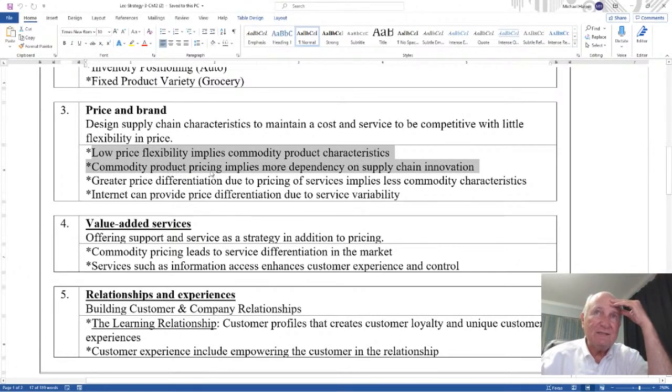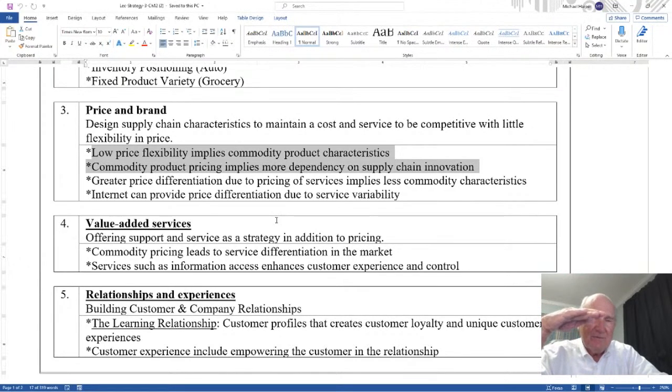Commodity product pricing implies more dependency on the supply chain innovation. Well, if the pricing is the same on the commodities, the price doesn't change, it's pretty much fixed. That's what's expected. How do you increase your profit margin? Lowering your cost.